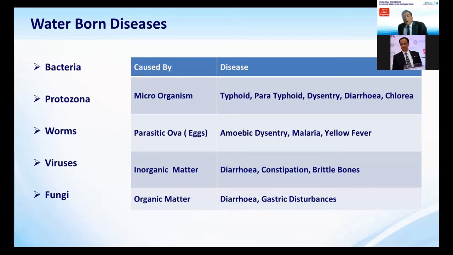In the 90s, the World Bank carried out a survey in Pakistan to assess the need for hospitals in Pakistan, and that report is available on the net as well. They observed that in Pakistan, around 60% of bed occupancy in hospitals is due to waterborne diseases.